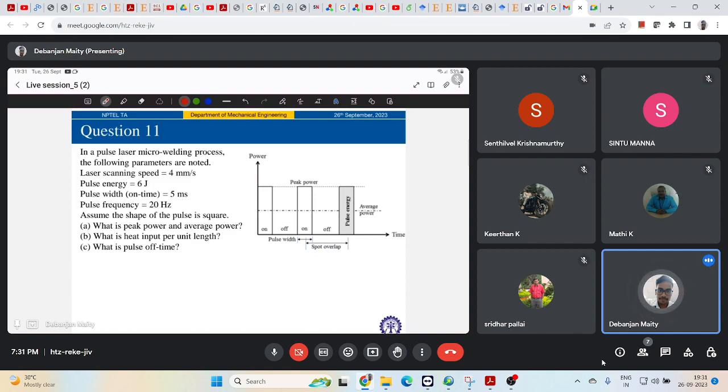We want to find out the peak power, the average power, which is the peak power divided by 2, the heat input per unit length, and the pulse off time. So what is peak power?